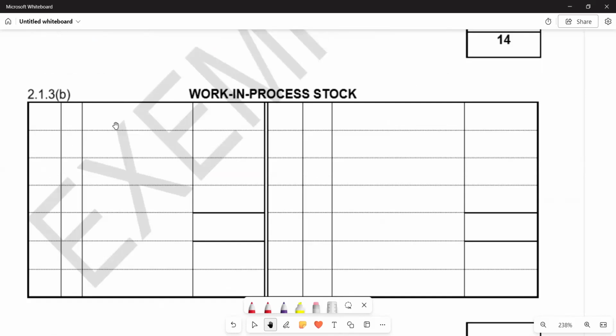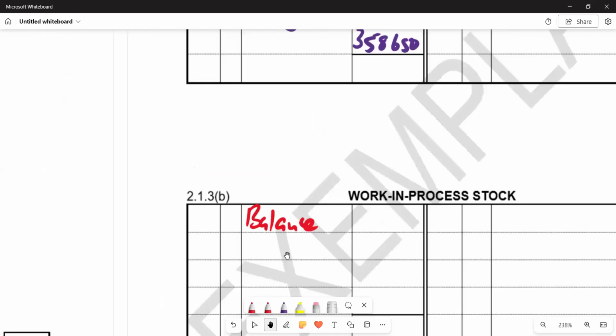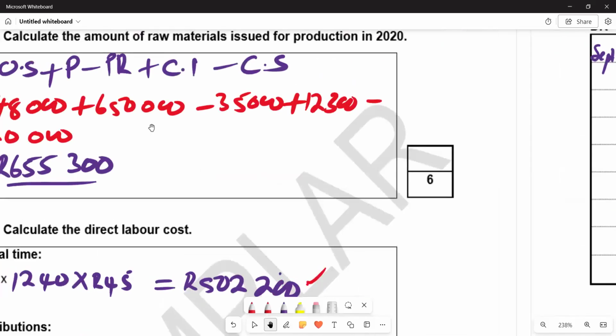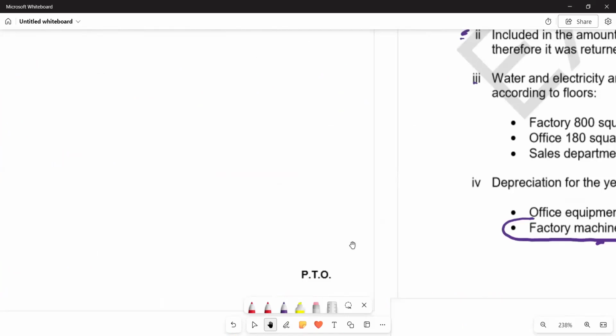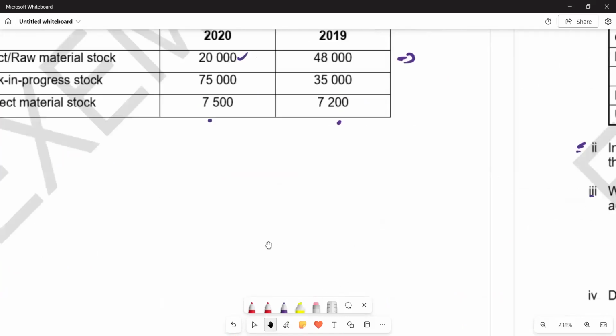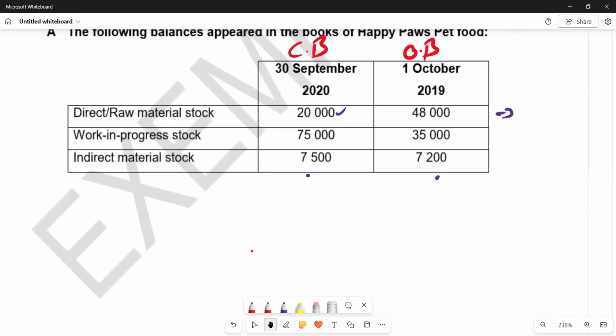And remember, we are starting with the balance that we have at the beginning. For work in process, we have a balance at the beginning of the period that we are given in the question. We can as well try to refer back to that balance. Here, work in process stock, and this is the opening balance column.